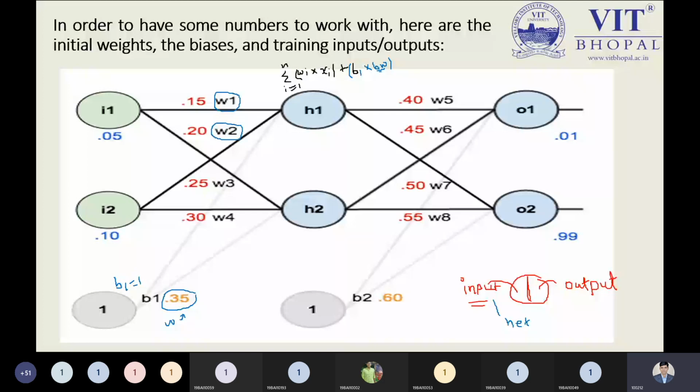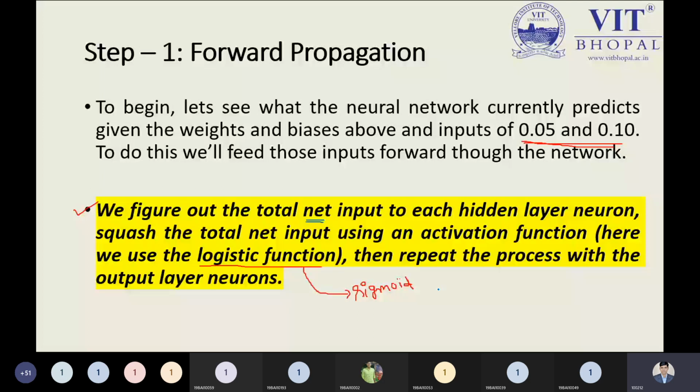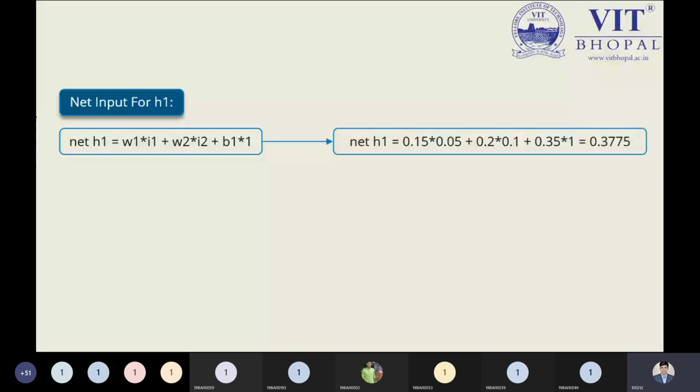This time I'm going to share the solution right now. See, this is the step. Net input value for the H1. I'm drawing the diagram. H1 is my node, and I'm calculating its net value.